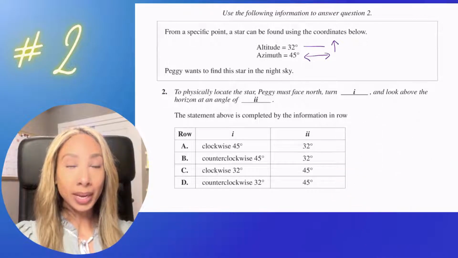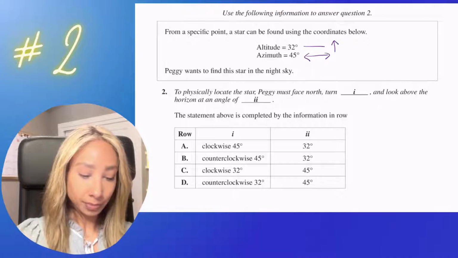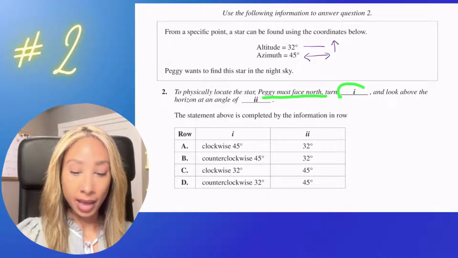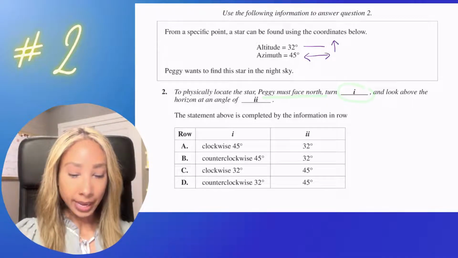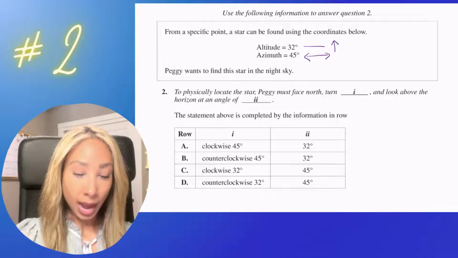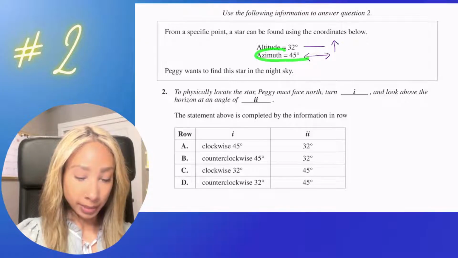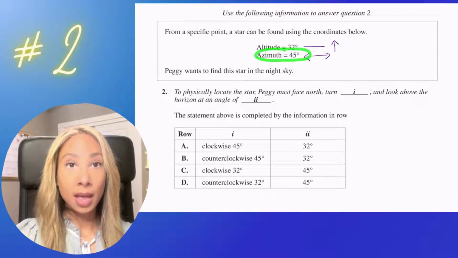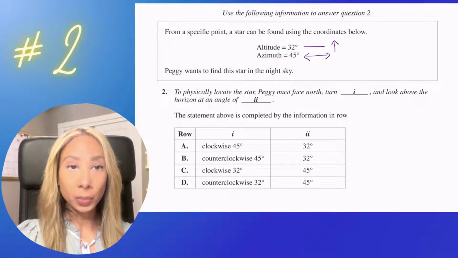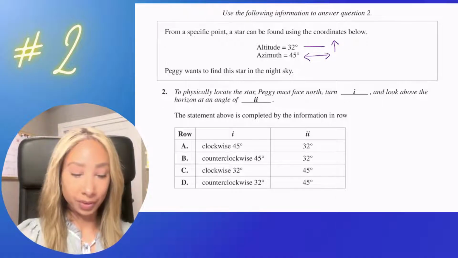So we want her to, Peggy must face north and turn. So let's think here. If she's turning, that's going to indicate our azimuth of 45 degrees. So with this one, if we're thinking about turning, we need to actually be turning clockwise 45 degrees.